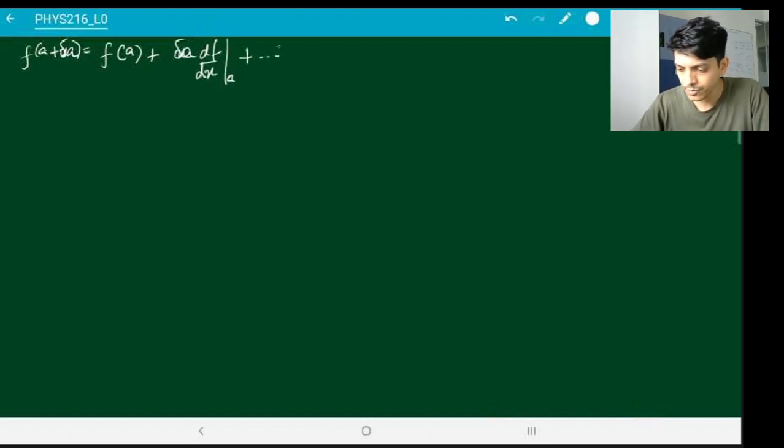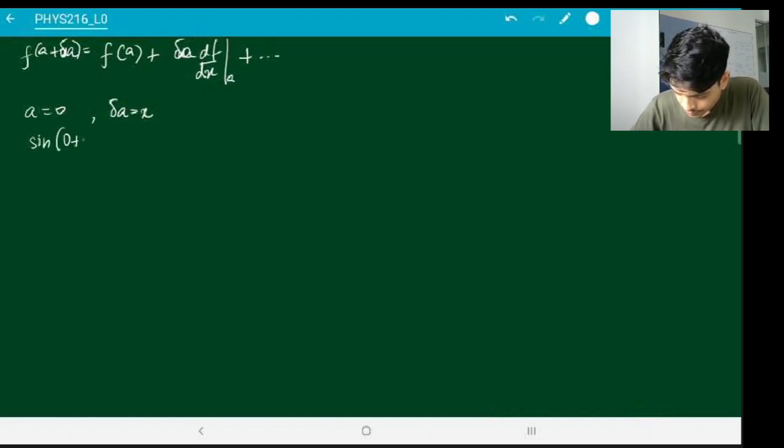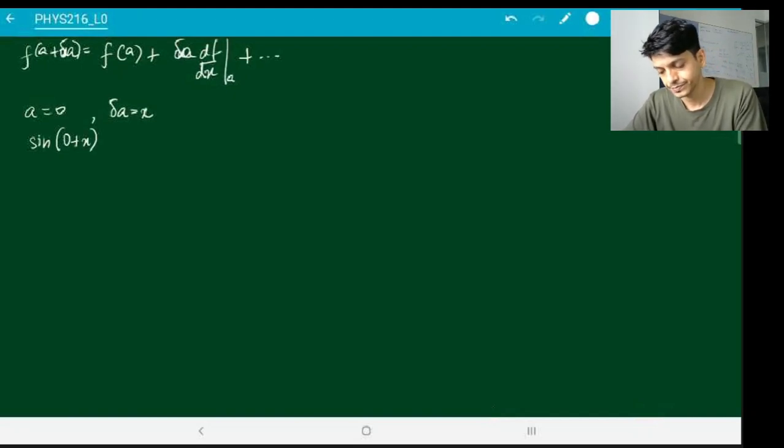This is the formula that we had. Suppose I take a equal to 0 and call delta a as x, and now I can ask the question, what is sine of 0 plus x? So a is 0.